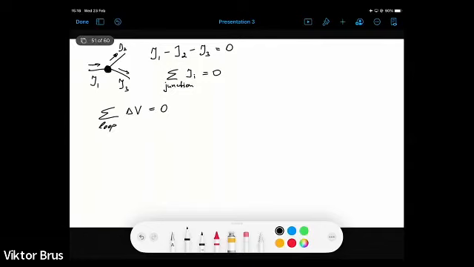So that actually comes from the conservation of energy, because if we have some battery, for instance, it provides some potential difference to the circuit. It increases the energy of electric charges.